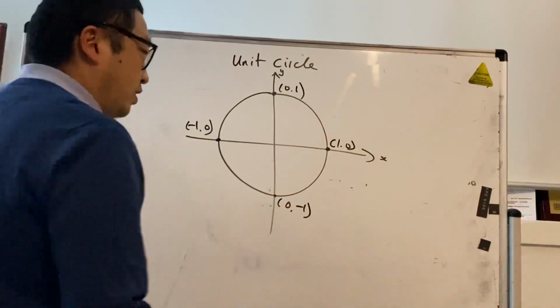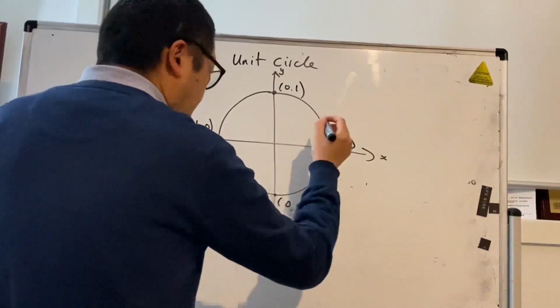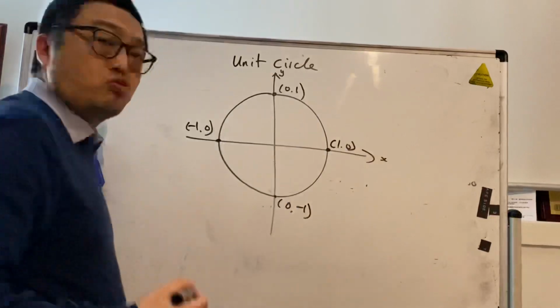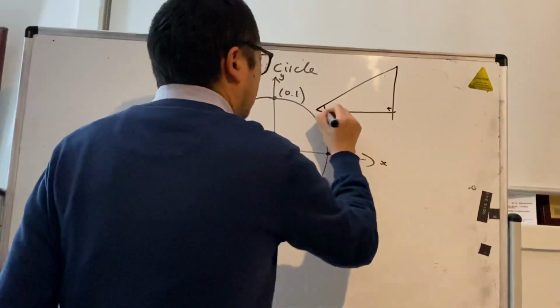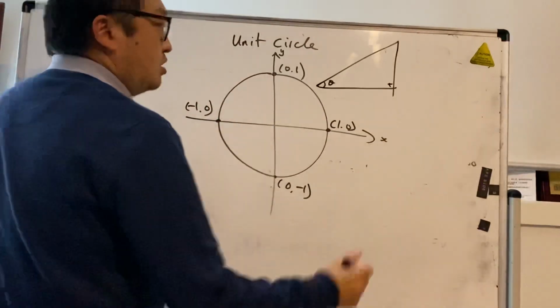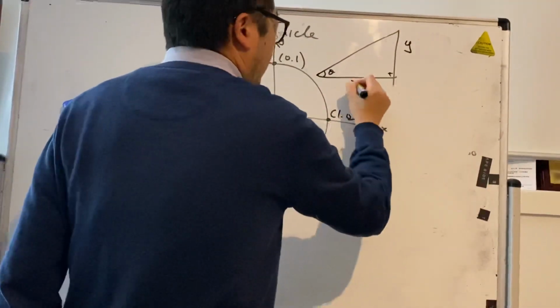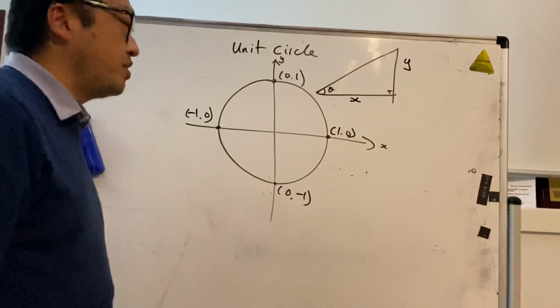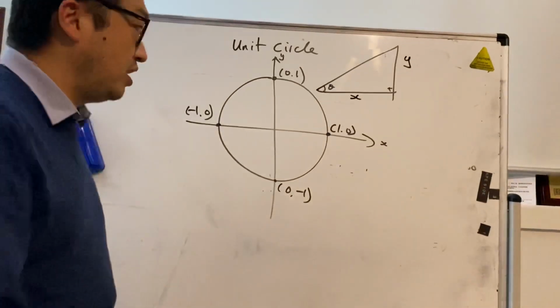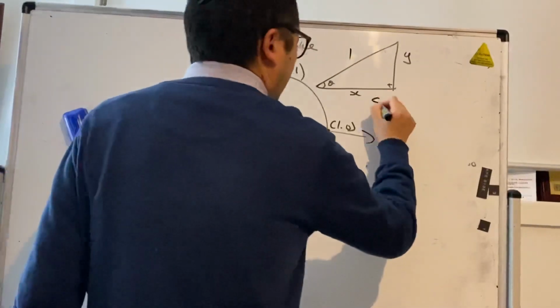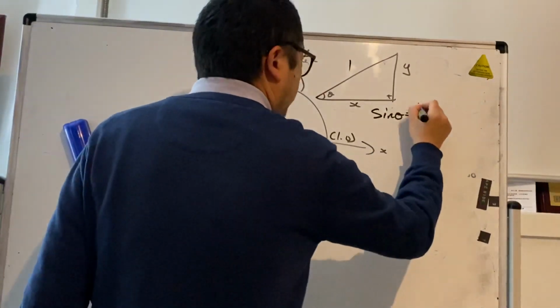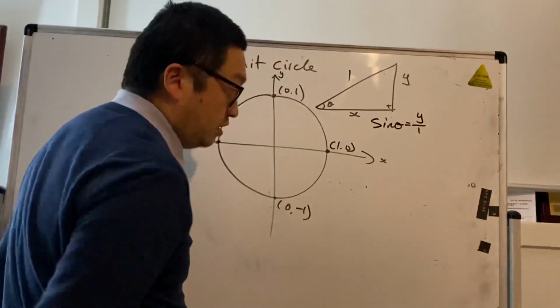Now, I'm going to think about the right angle triangle, right? Theta. This one is obviously y, this one is x. How do I represent x and y in terms of theta? Let's have a look. Imagine the radius is 1. Sine theta is opposite over hypotenuse.